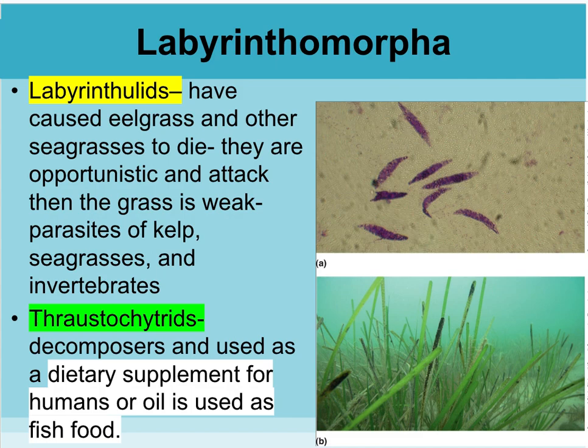So Labyrinthomorpha and the labyrinthulids are another organism that are kind of parasitic, and they will actually prey on organisms like seagrass that get really sick and weak. When that happens and the organism doesn't have the best immune system, they will parasitize on them, and they parasitize things like kelp or seagrass or invertebrates.